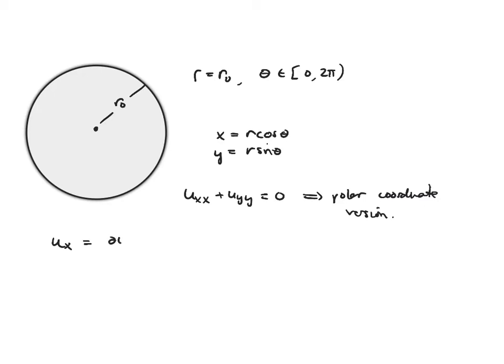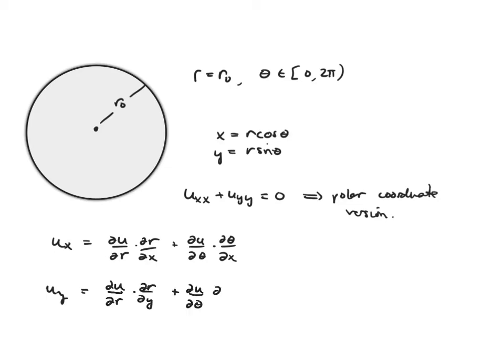So we have the derivative of u with respect to r times the derivative of r with respect to x, and then the derivative of u with respect to theta, derivative of theta with respect to x. And similarly, we have the y derivative, u with respect to r, r with respect to y, and u with respect to theta, theta with respect to y.